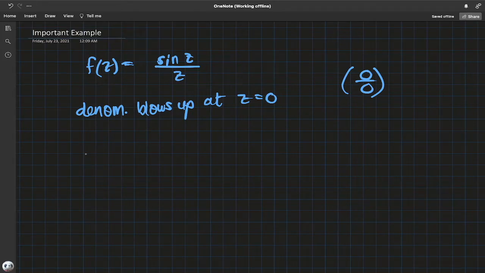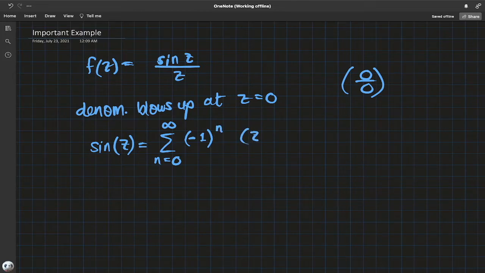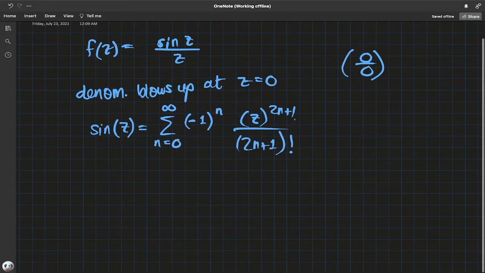I just want to show it in a different way. The Laurent series for a sine can basically be sort of extended from the real valued sine. That's a really useful property of trigonometric functions of complex angles, where z is a complex number.